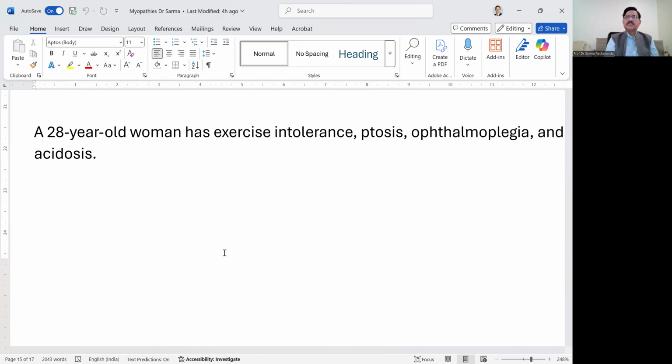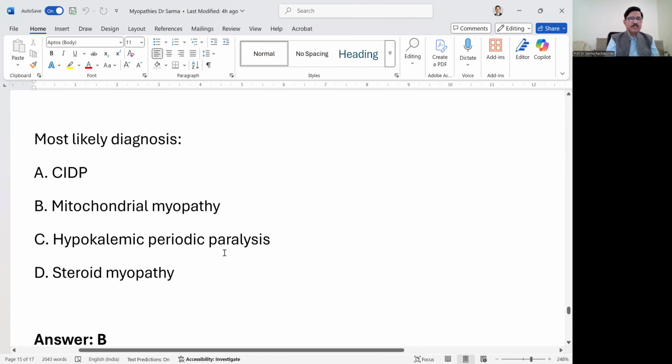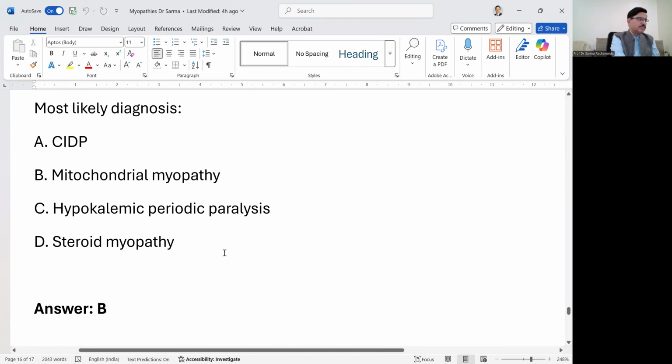After doing some activity, even little exercise activates the disease. The options are mitochondrial myopathy, hyperkalemia, CIDP, steroid myopathy. The most likely diagnosis is mitochondrial myopathy, with lactic acid, MELAS. Now you see the next one.